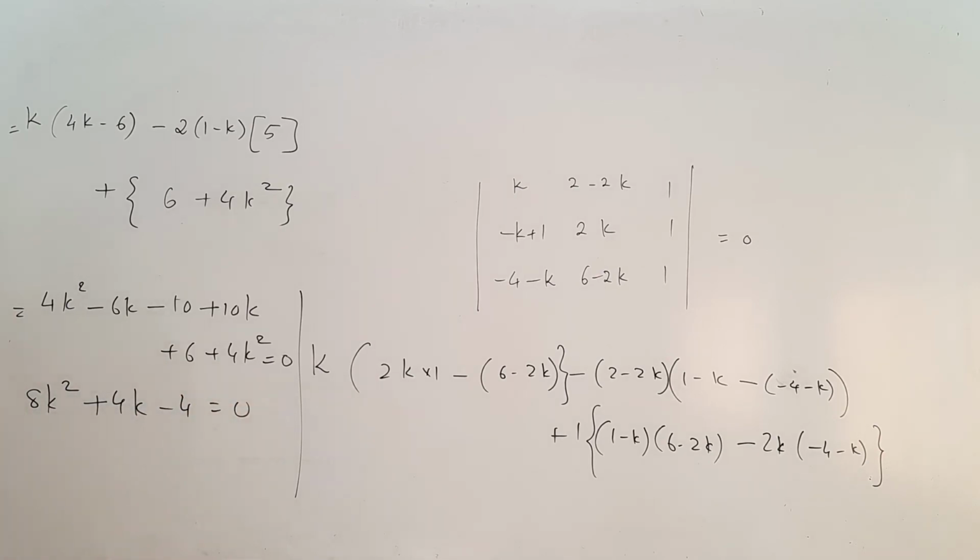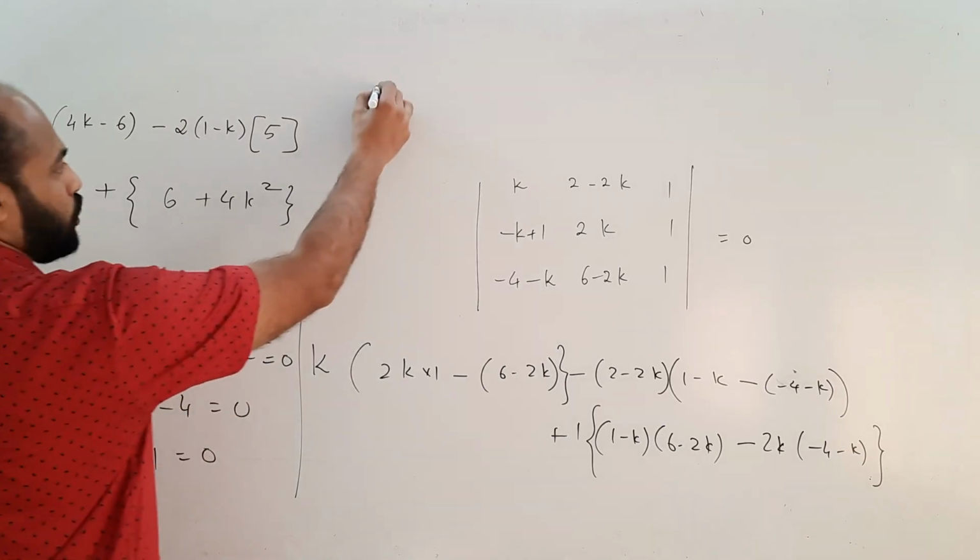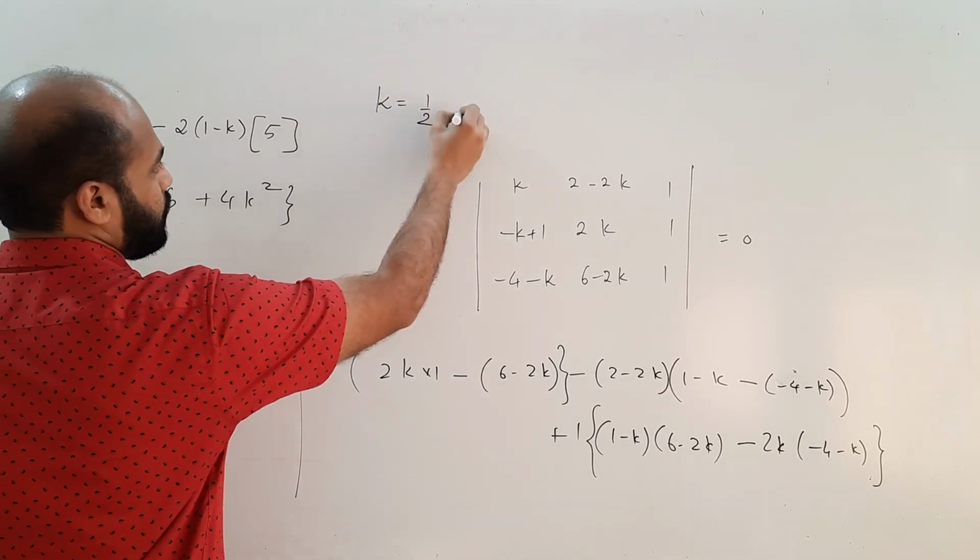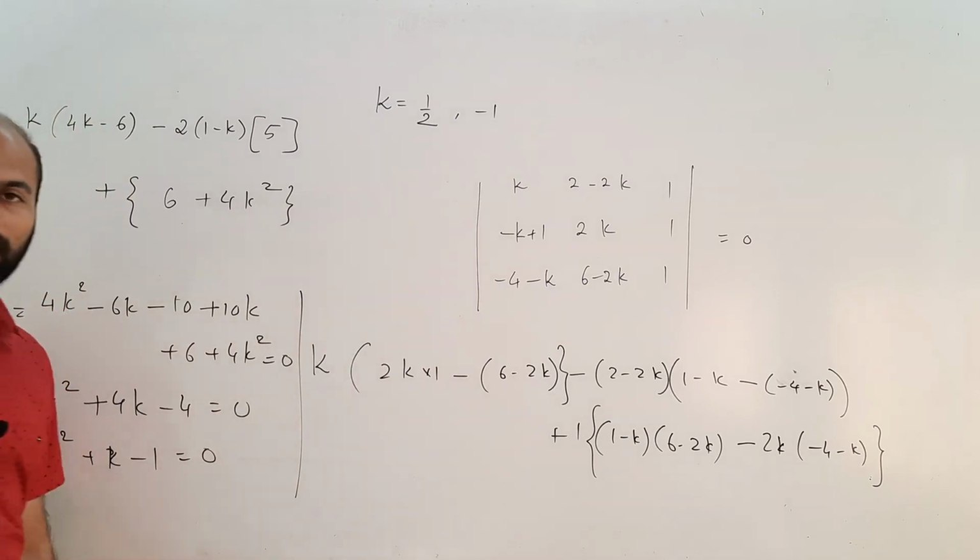This is equal to 0. So ultimately 2k square plus k minus 1 is 0. If we solve this quadratic, then the answer that we get is half and minus 1. So the two values that we get are half and minus 1. That is the answer to this question.